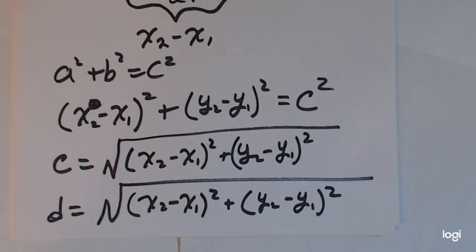The distance formula. Isaac Newton wasn't sitting down next to an apple tree. The apple fell down. He said, oh, the distance between where that apple was and where it is now, that's x sub 2 minus x sub 1 squared plus y sub 2 minus y sub 1 squared. And you take the square root of that. No, it didn't happen like that. This is where it came from. It came from the Pythagorean theorem.